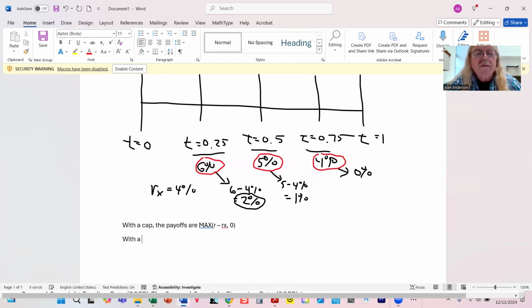With a floor, the payoffs are exactly what you'd expect from a put, max(RX minus R, 0). And that's really the only difference.